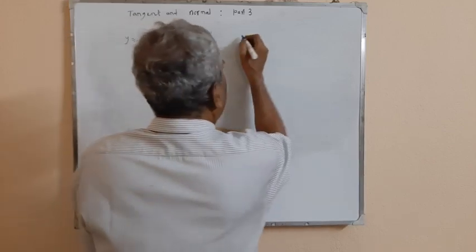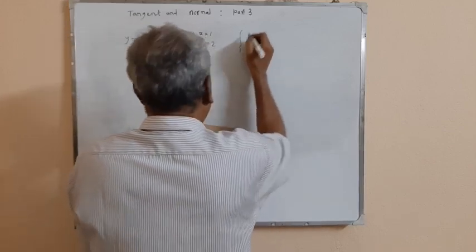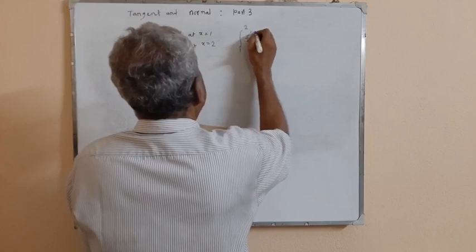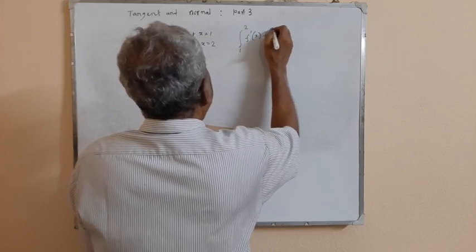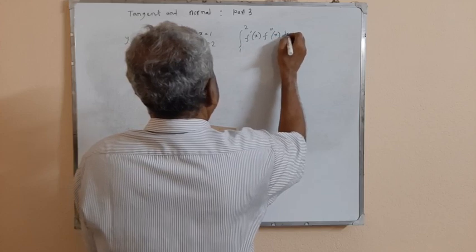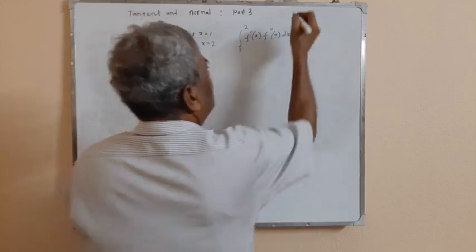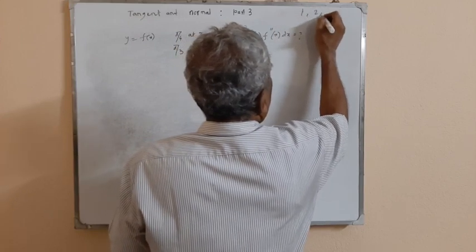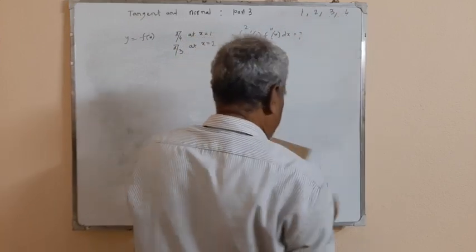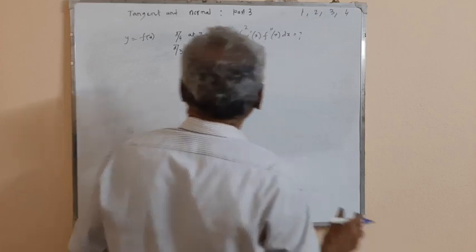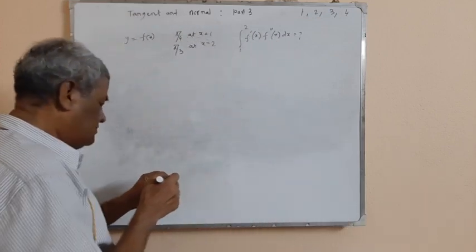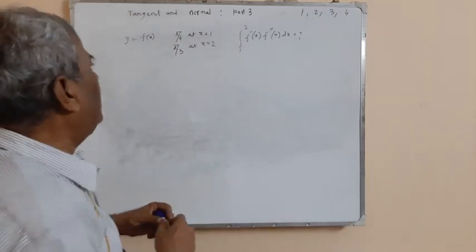Then the value of the integral from 1 to 2 of f'(x) f''(x) dx is... options 1, 2, 3 and 4. Now let us see what is the actual problem.